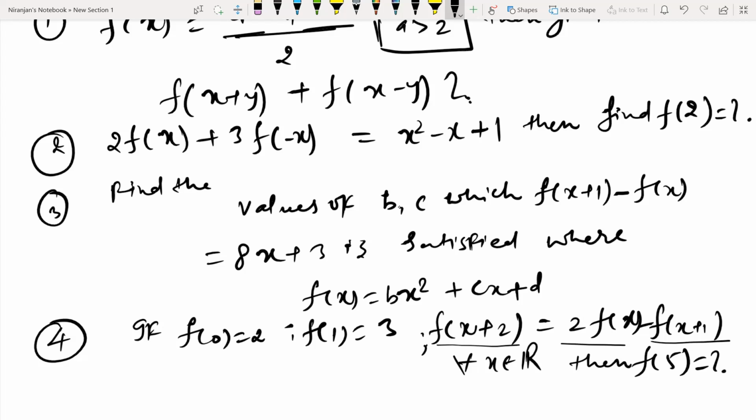What is the answer of second one? 3. I'll note it down. Yeah. So one person said 3. What about others? So I got minus 3 for this one. And another one got minus 3. Okay, let me just calculate it.